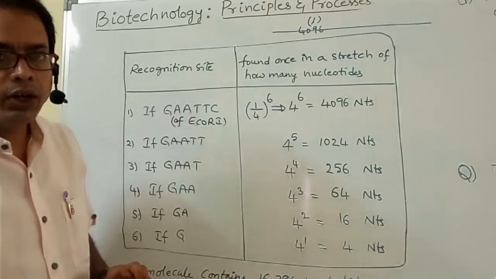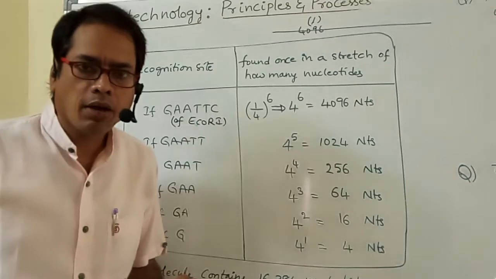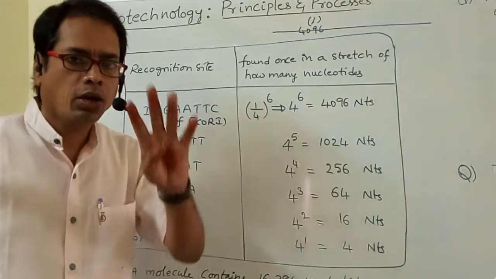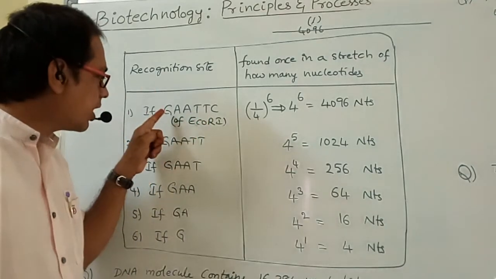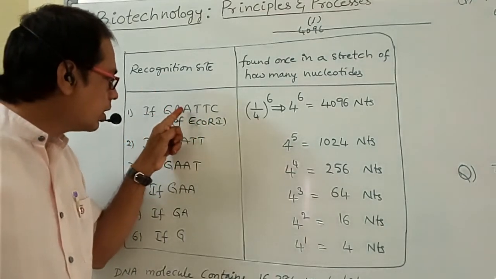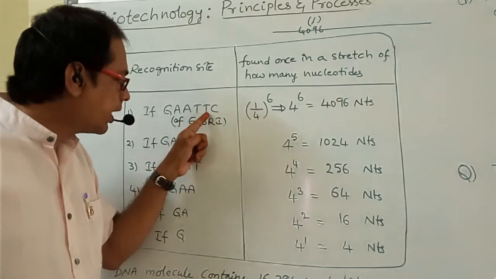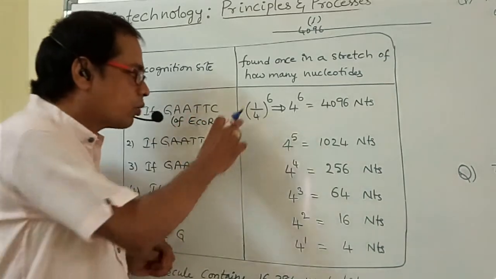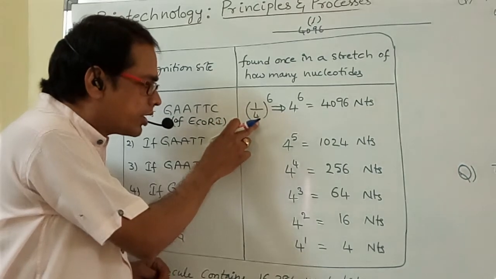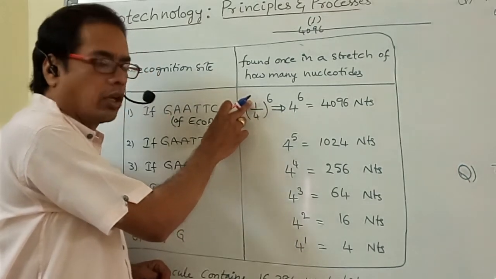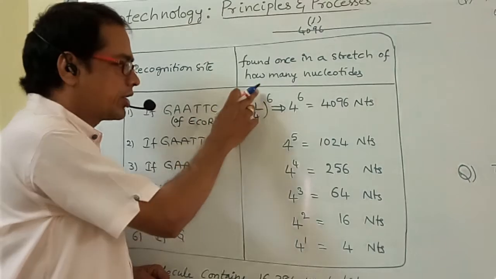How would it be? How many types of nucleotides are in DNA? 4. So how many letters are there? 1, 2, 3, 4, 5, 6. So that means 1 by 4. Why are we writing 1 by 4? Out of 4 nucleotides, 1 chance will be there. How many letters are there? 6.